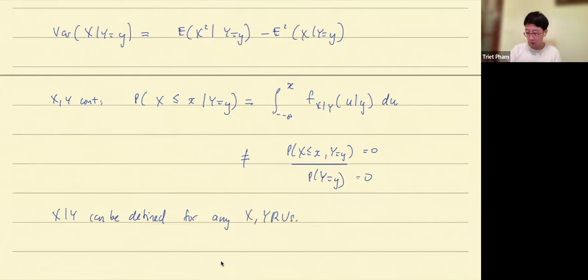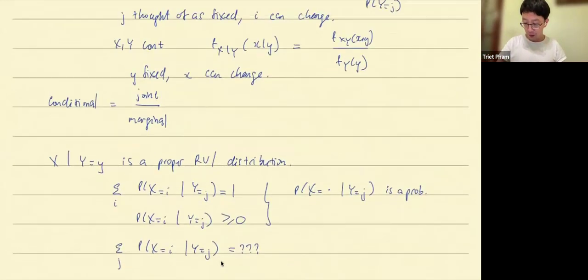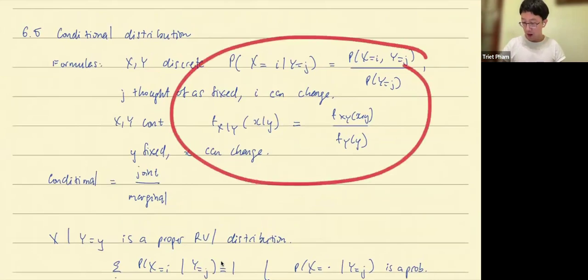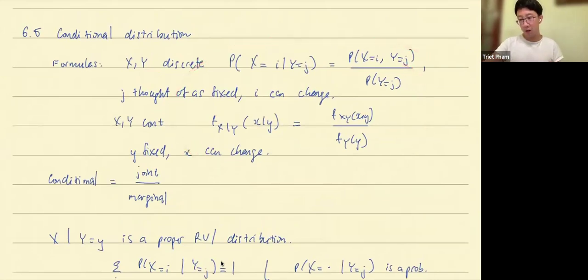You don't require them to be both discrete or both continuous. They can be mixed, or one continuous, one discrete. Of course, there you don't have a concrete formula like this. You have to use some more advanced calculus or thinking to arrive at the distribution.